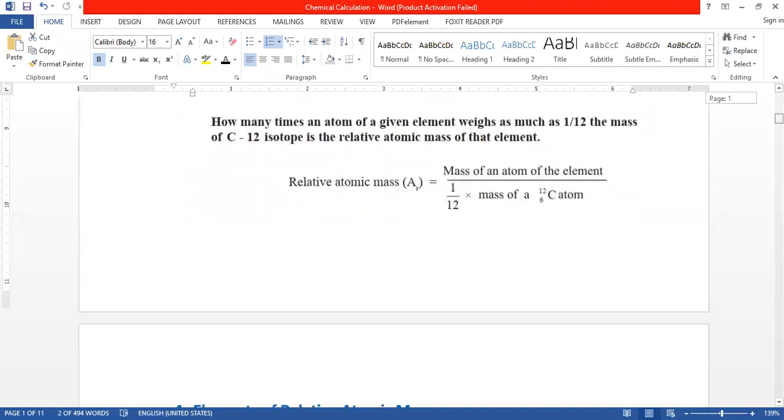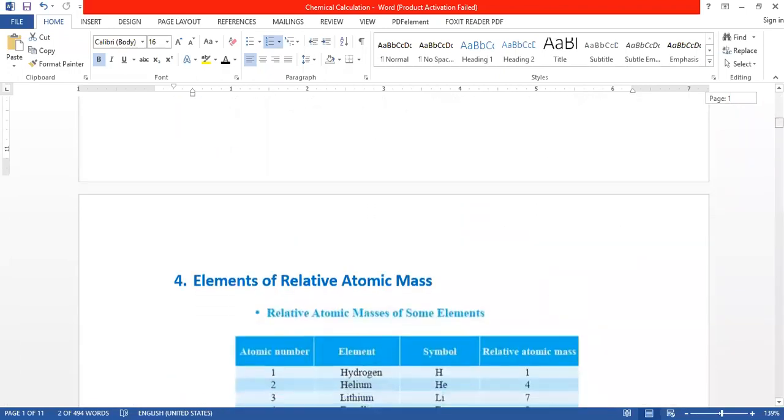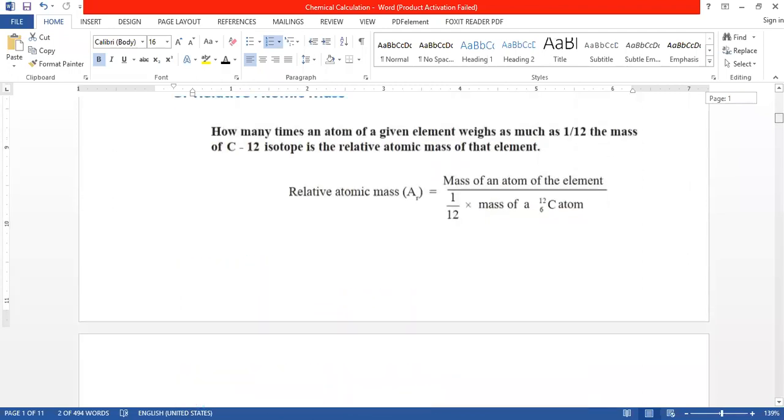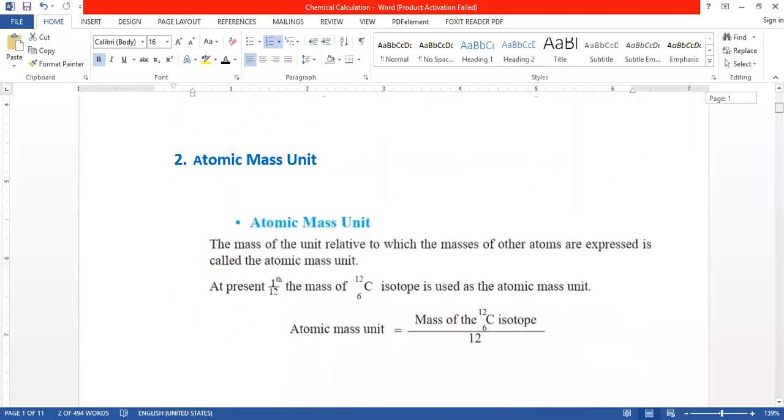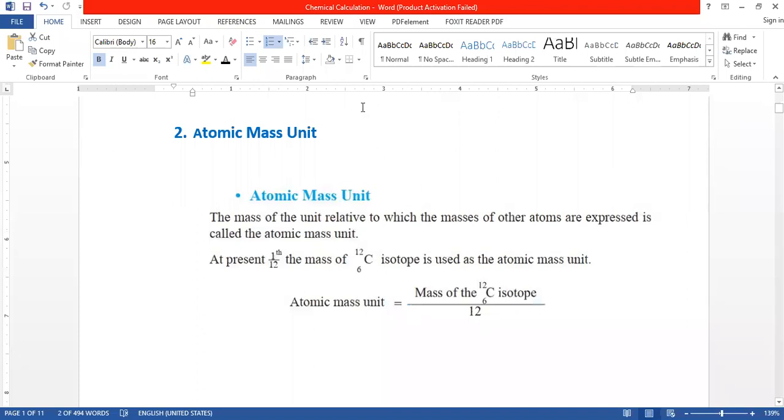Something like that. If you come to the atomic mass unit now, it's just a theory, not the theory class. Please understand, I'm just being fast. I don't explain this much. I will explain many things, but I'm just explaining to give an idea about what is mass, atomic mass, what is relative atomic mass, what is atomic mass unit. The atomic mass unit is simply the mass of 1 over 12 of the carbon-12 isotope.